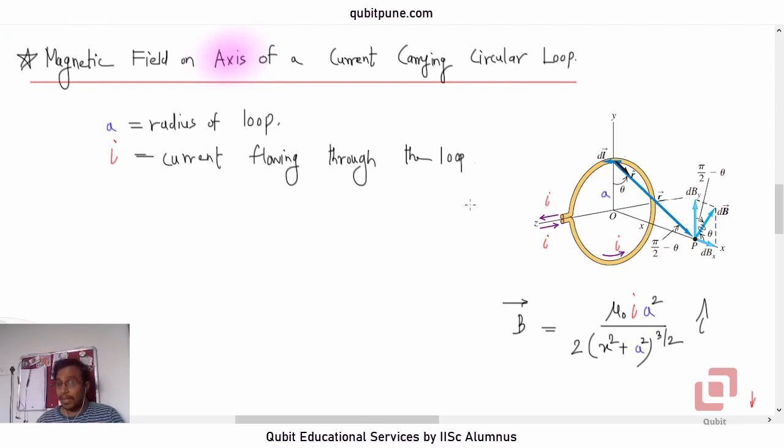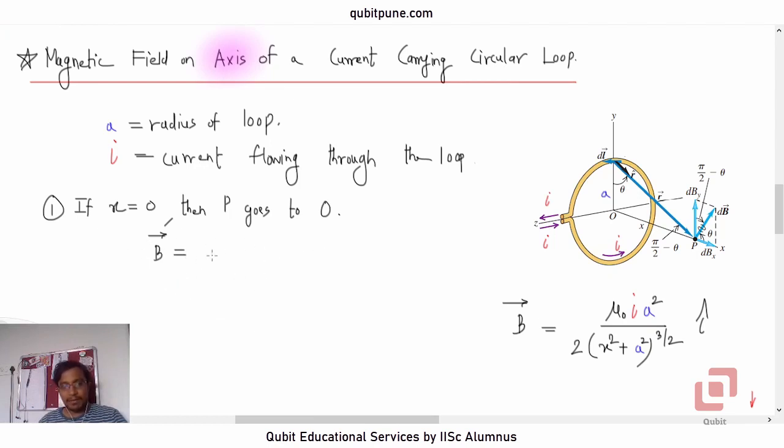Now I'd like to tell you three points here. Point number one. If x is 0, then P goes to O. Correct? If x is 0, then what is the magnetic field there?